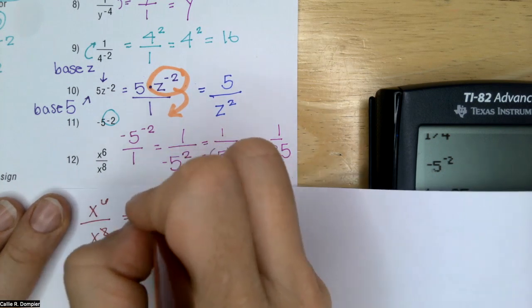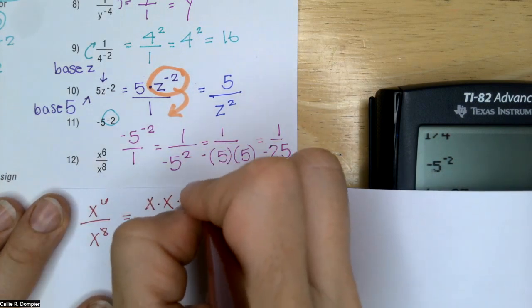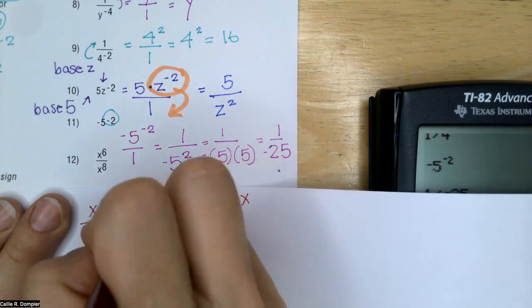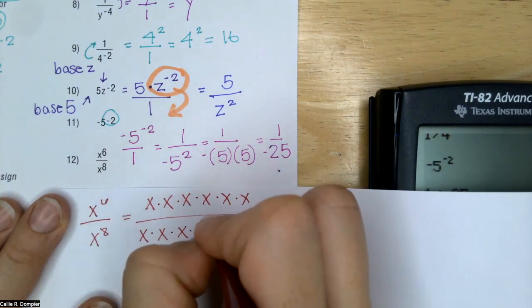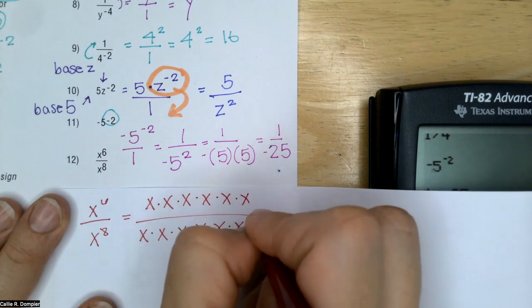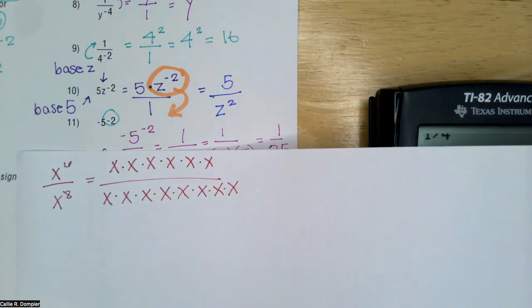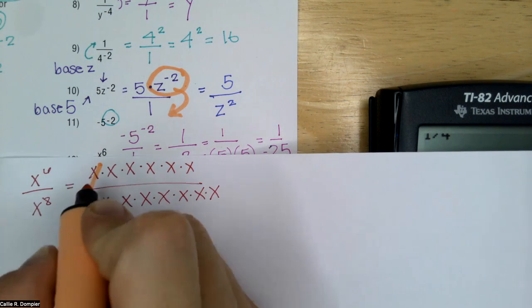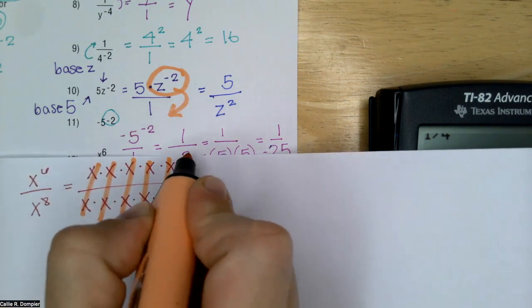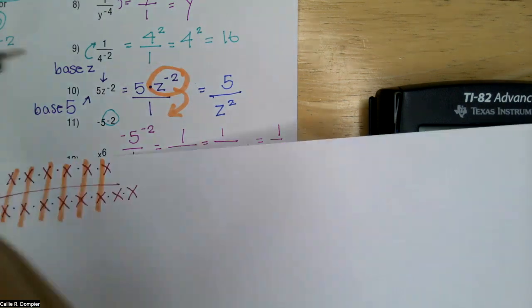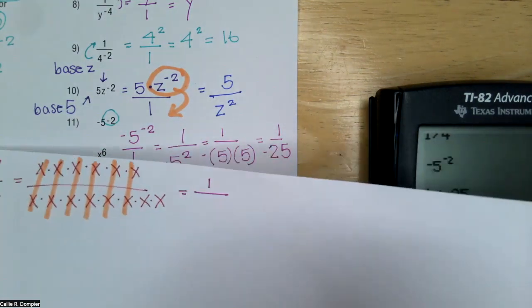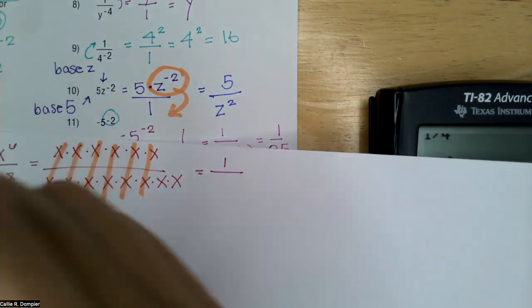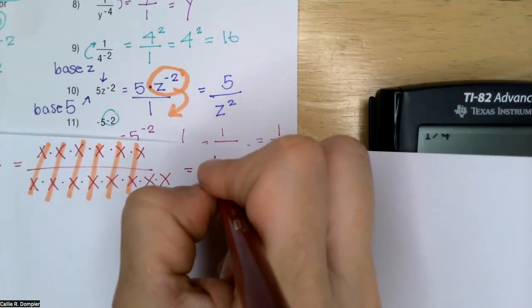Again, you can do 6 x's divided by 8 x's. Placeholder, because you eliminated all of them. How many x's do I have left? 2.